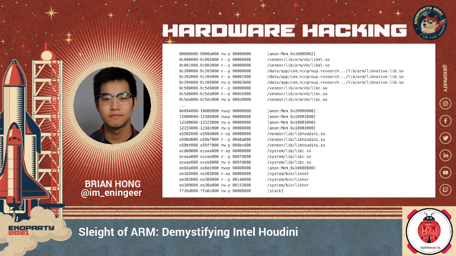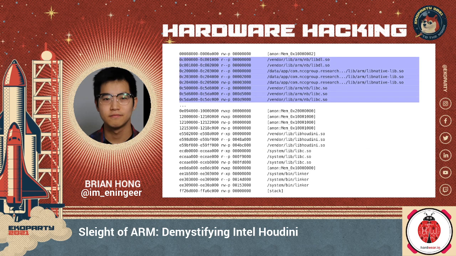Just to show you some examples, this is a snippet from one of the process memory maps of an application with libhoudini and native bridge enabled. We can see our native library loaded in here as well as our libhoudini on the bottom. These are the ARM libraries mapped in.